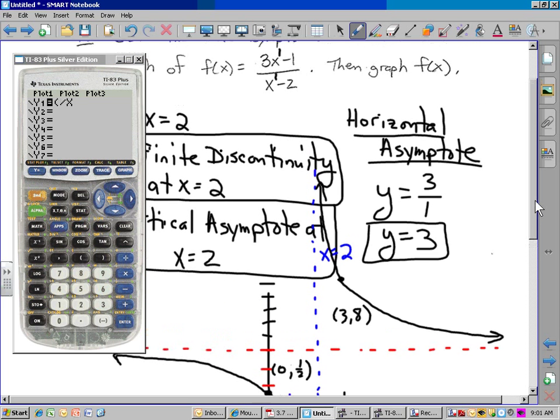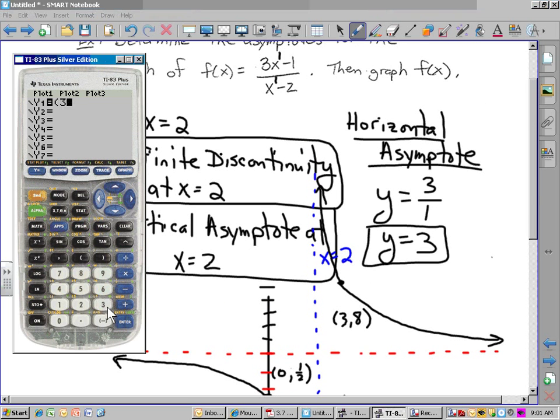Okay, the original function is 3x minus 1 divided by x minus 2.